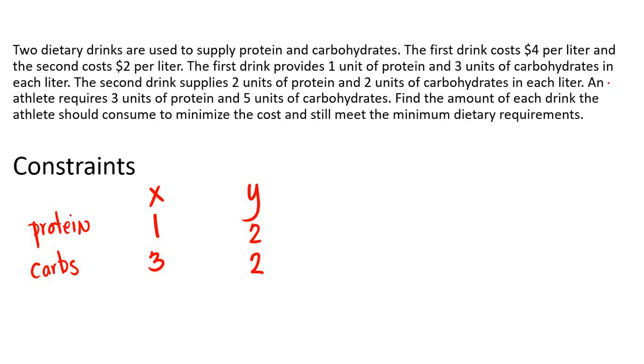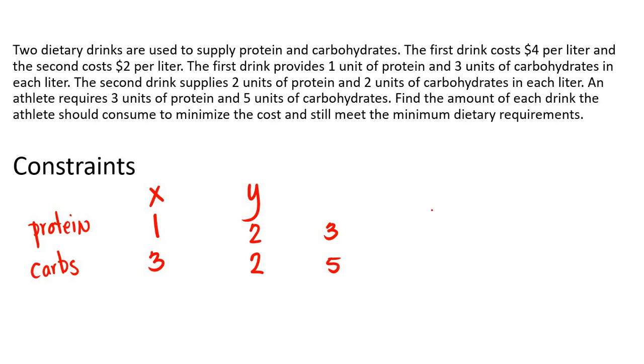And then for this sentence, an athlete requires 3 units of protein and 5 units of carbohydrates. So that is the minimum requirement that an athlete should take within a day. So that would be 3, and then this will be 5.